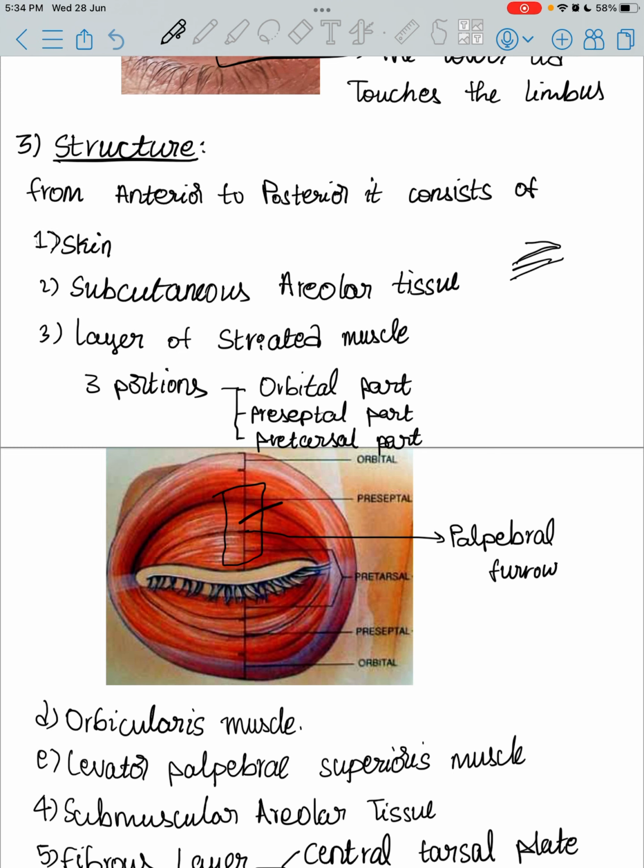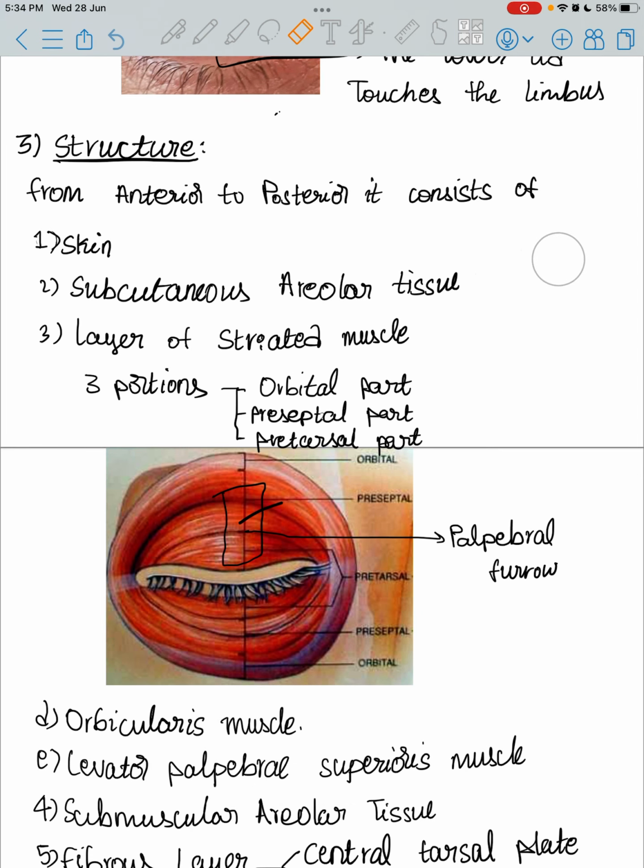This is the order from anterior to posterior. If we remove the skin, we can see the subcutaneous areolar tissue, and if we remove the subcutaneous areolar tissue, we can see the layer of striated muscles. That is the meaning of anterior to posterior.